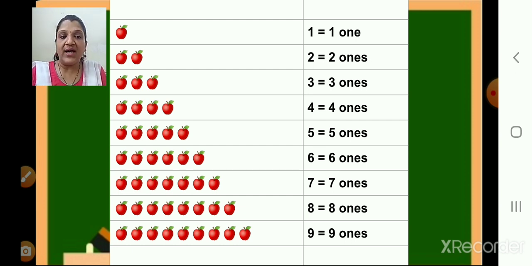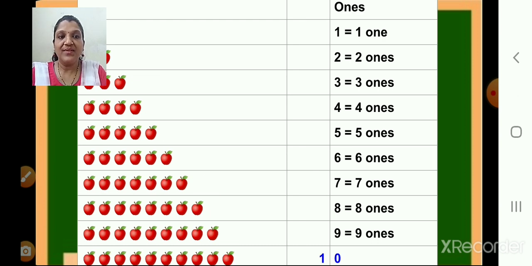So which number comes after 9, children? Yes, it is 10. Hence, we have written 10 below number 9.